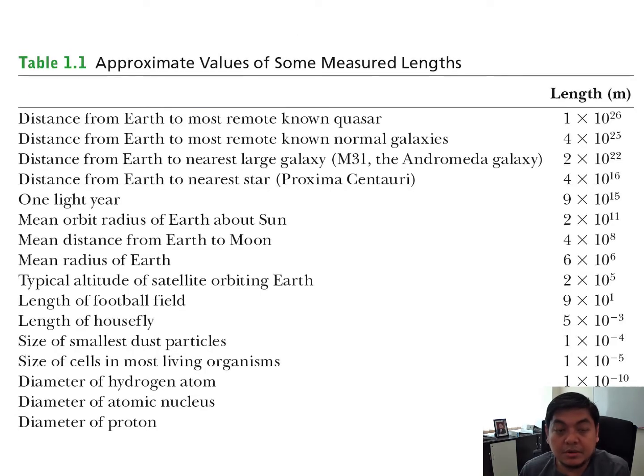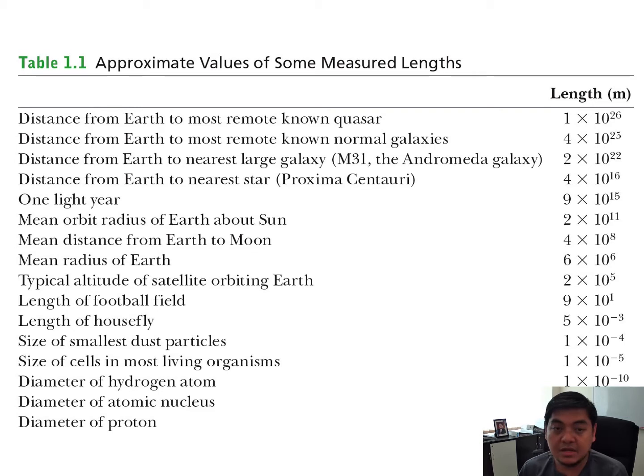So basically this is table 1.1, which is the approximate values of some measured lengths. For example, the distance from Earth to the most remote known quasar, the most remote normal galaxies, how many is 1 light year, the orbit radius of Earth about the Sun, the smallest dust particles.